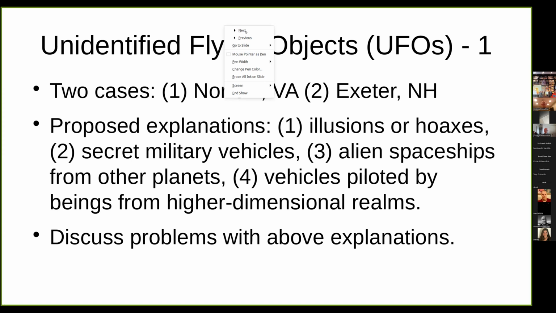So the idea that you could have intelligent life evolving on another planet in such a way that they would be able to interact with people from this planet and build spaceships that could transport them here, the odds are so insignificant that it's considered a virtual impossibility. So this idea that they're vehicles piloted by beings from a higher dimension seemed more reasonable to him.